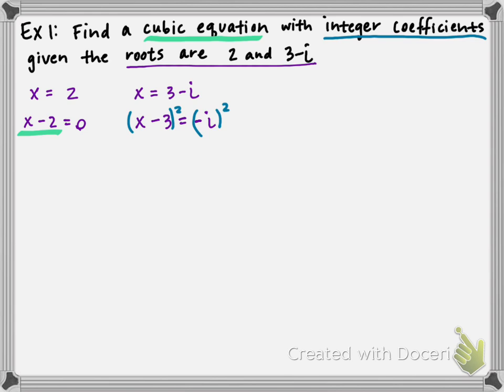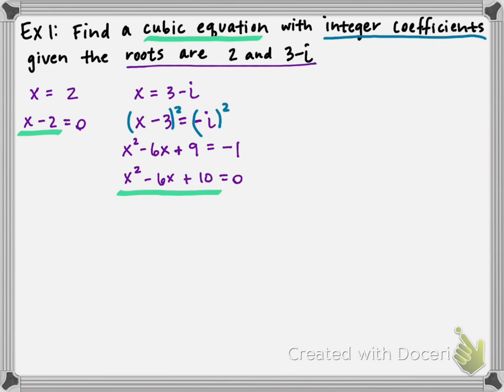So we're going to expand x minus 3 squared, and we get x squared minus 6x plus 9, which equals negative 1. Because, again, negative i squared is the same thing as negative 1. Now make that say 0, because that's what it means to be a factor. So we have x squared minus 6x plus 10 equals 0, and there is a factor.